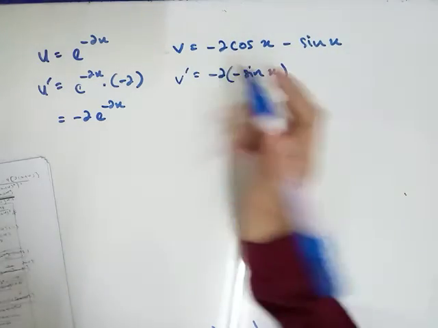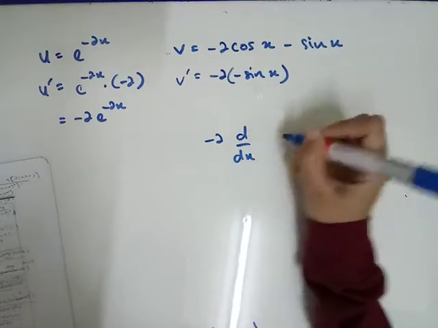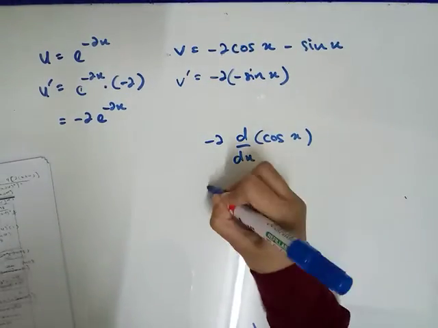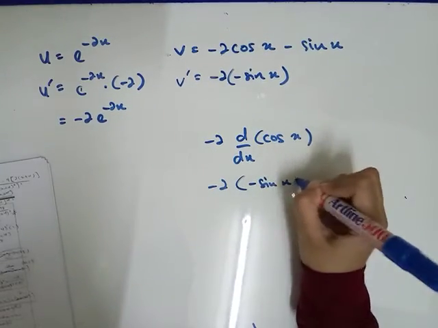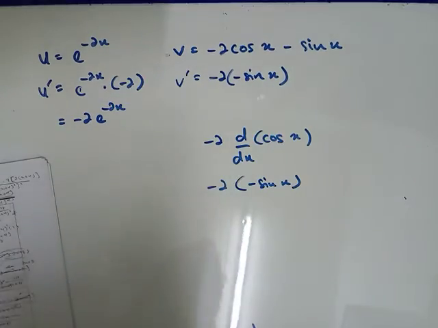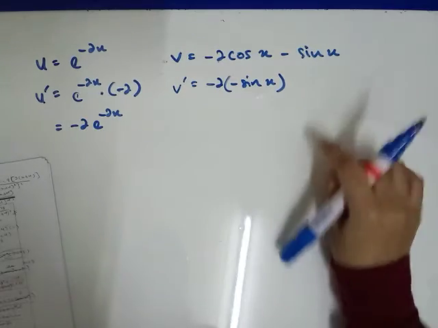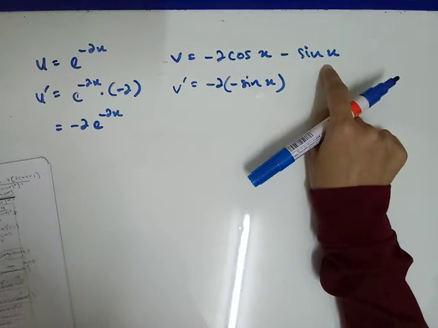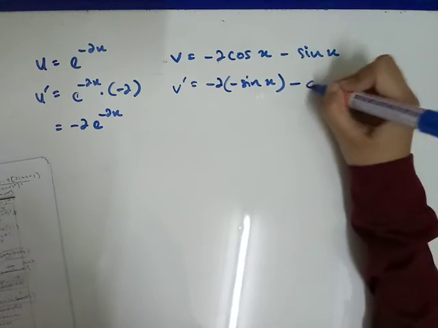Okay, separate it out. It is like negative 2 d dx of cos x actually. So negative 2, differentiate cos x, you get negative sin x. So no need to differentiate 2, 2 is constant. And then, minus sin x, differentiate negative sin x, differentiate sin x. This one minus, differentiate sin x, you get cos x.